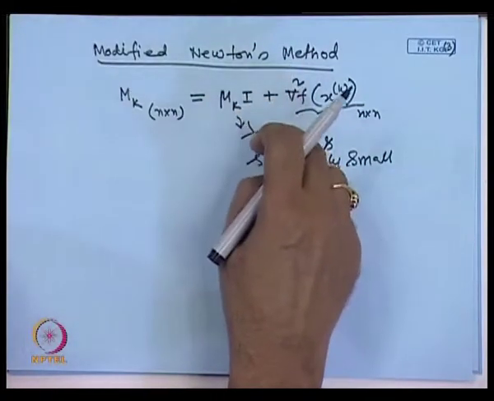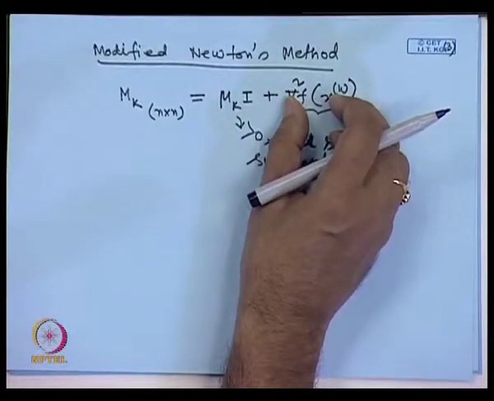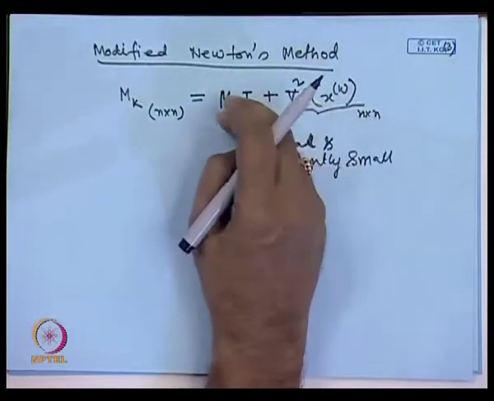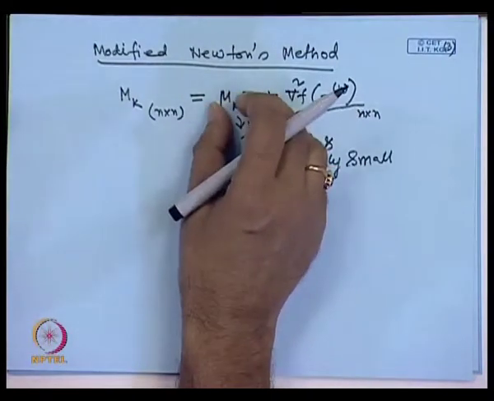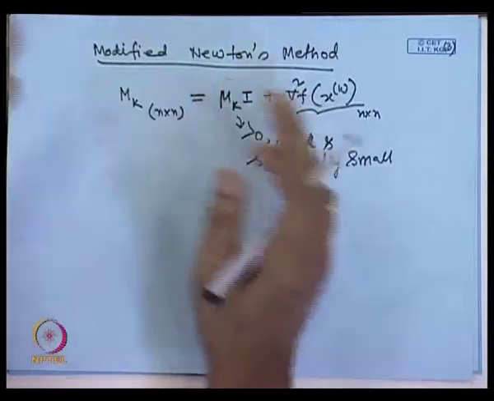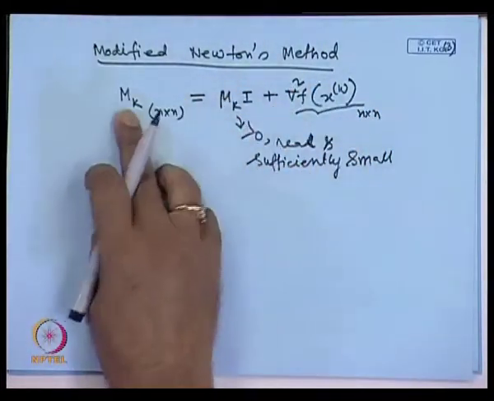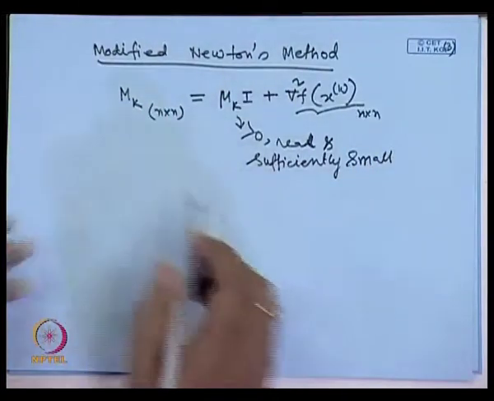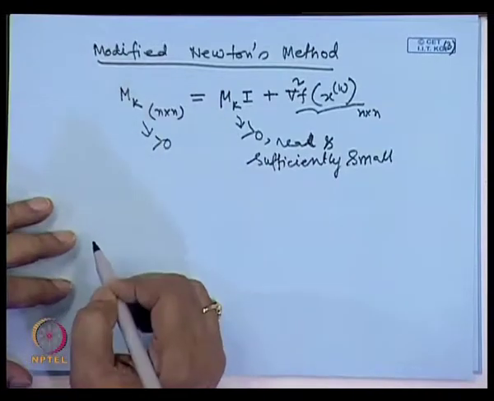Even if it is a negative definite matrix, I am adding some positive quantity on the diagonal elements. In other words, if it is a negative definite matrix, multiplying both sides by any vector z transpose z, it will be negative. Multiplying by mu both sides with z transpose z, it will be positive. So positive and negative in turn may give you M_k as a positive definite matrix. This is the idea. So this will make M_k greater than 0.